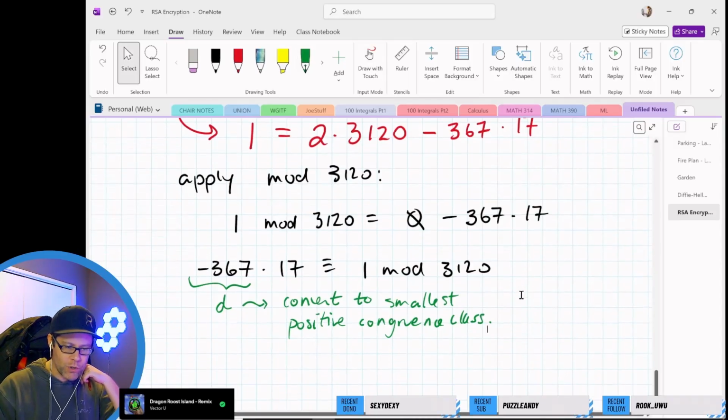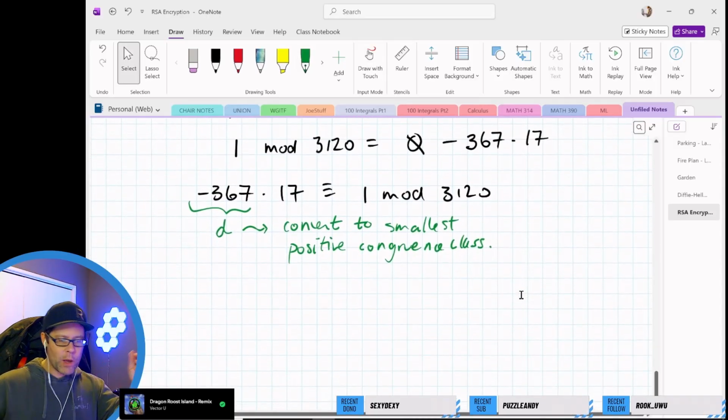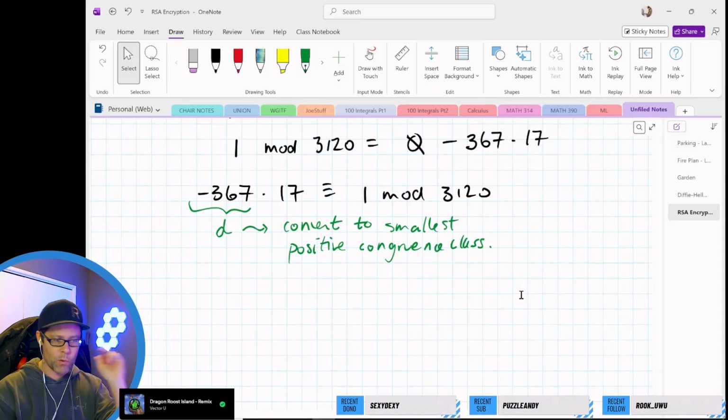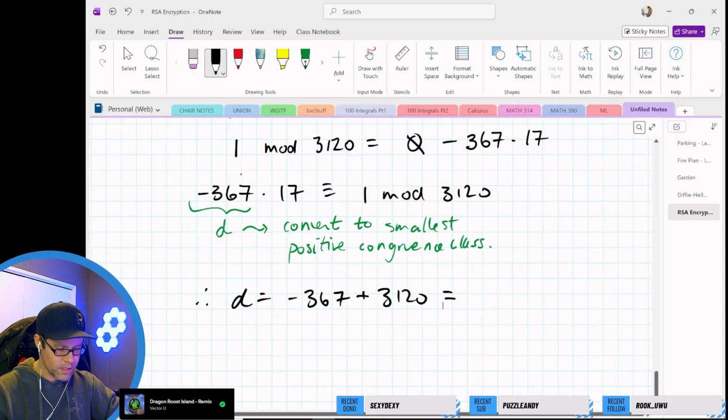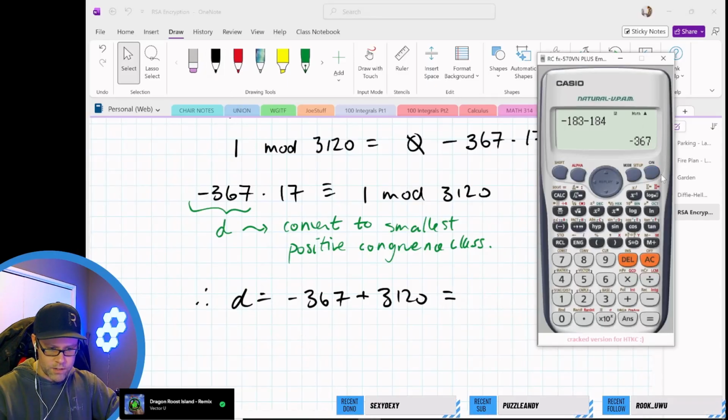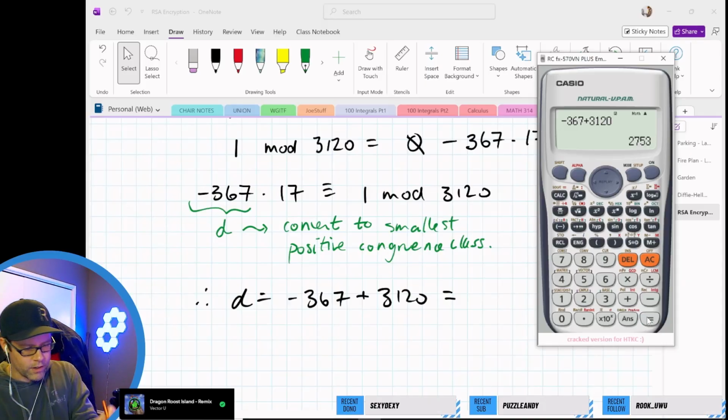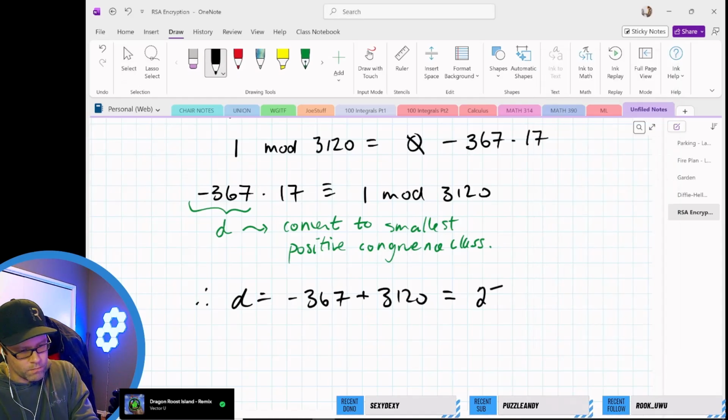That should pop it up into the positive region, and that way we're going to have a decryption value somewhere between 1 and phi of n. So we're going to say, therefore, D is negative 367, and we add 3120 to it. So negative 367 plus 3120, and we get 2,753.